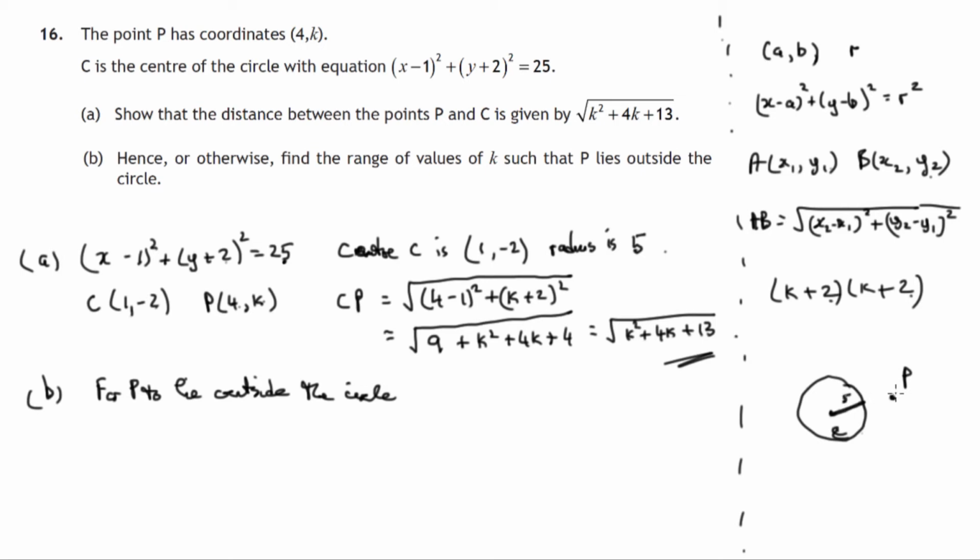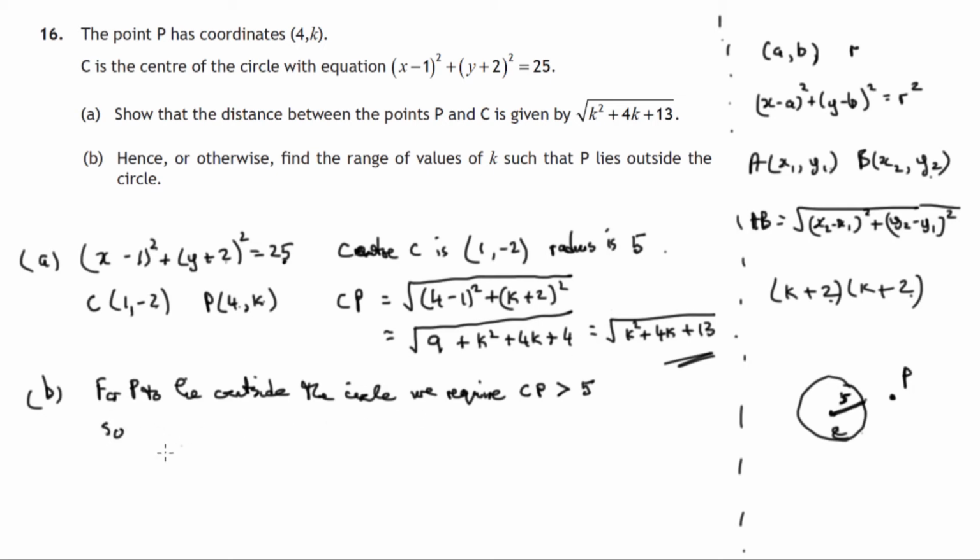So the only condition we need to impose for P to be outside is that the distance from C to P must be greater than the radius 5. Otherwise it would be on or inside the circle. So for P to lie outside the circle, we require that distance C to P to be greater than 5.